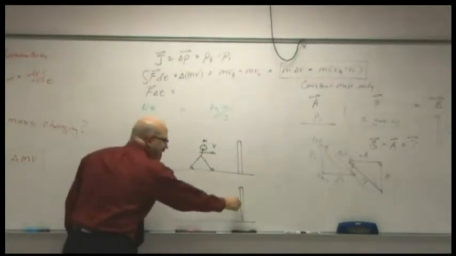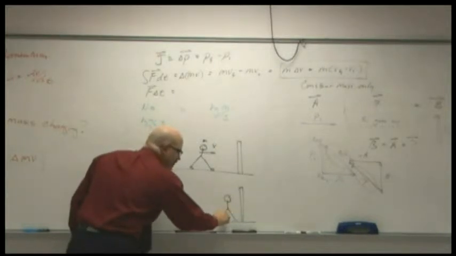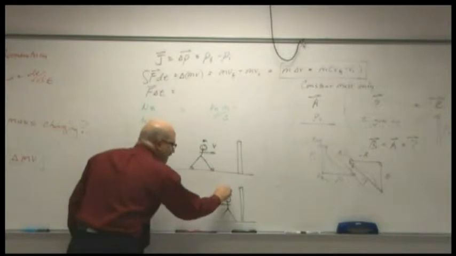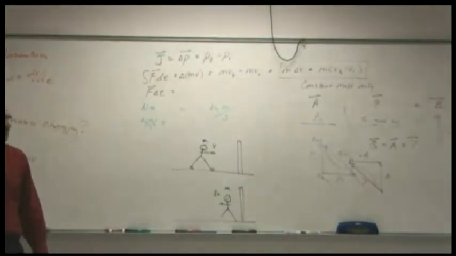And they hit the wall, and after the wall, they bounce off going this way, and they still have a mass m, but now they're going a velocity 1/2 v. What if they lost an arm or something? Change of mass. We'll assume that they've maintained all their body parts and mass is constant. But that's an interesting question.